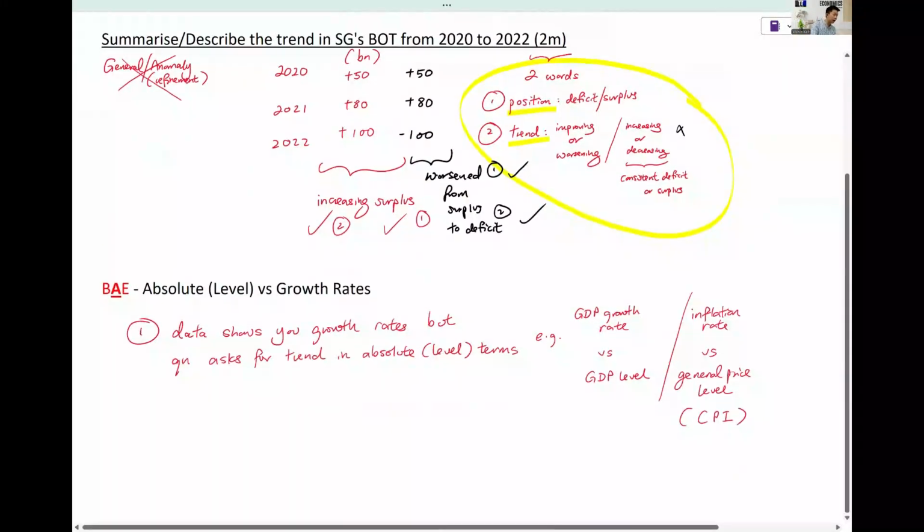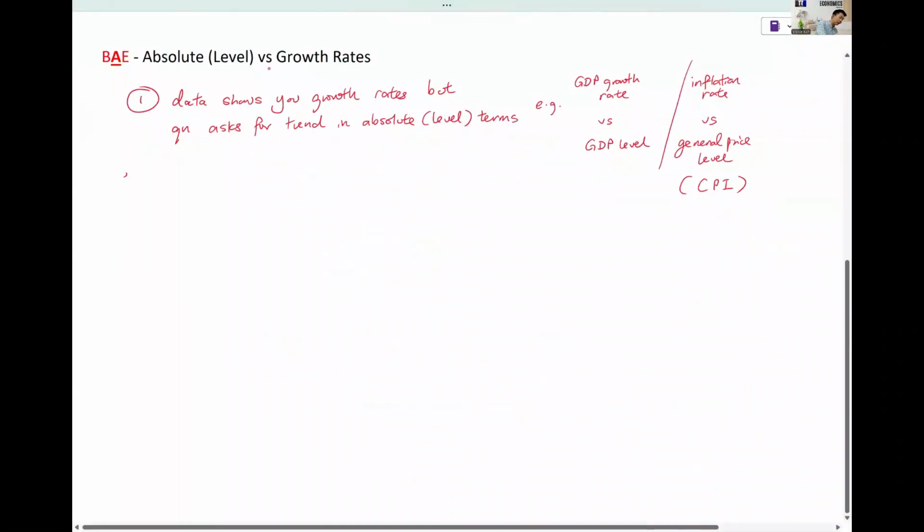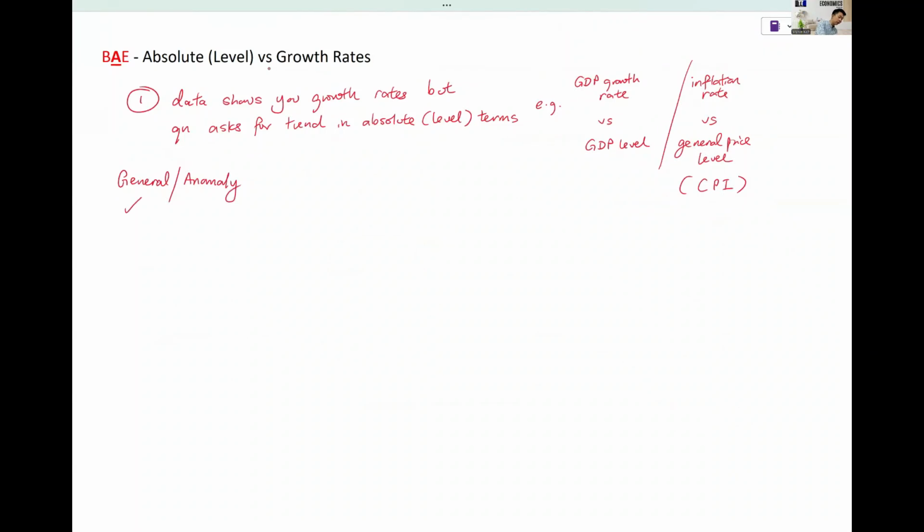So we're gonna revive this thing about a general trend and your anomaly. How many of you call it anomaly in school? Yes. Who calls it a refinement? No one. Okay, so let's go with anomaly. I just want you to know they're all the same. Do you know what's the best anomaly?